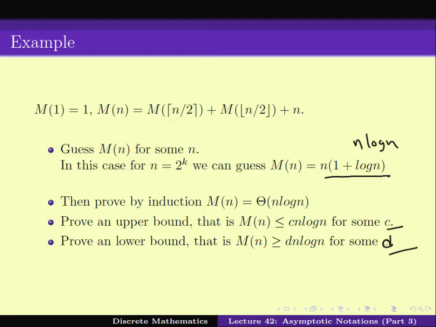The way to do it is that you assume that mn is less than or equal to c n log n, and you go over the whole induction reasoning, the induction hypothesis and inductive step, and see if you can come up with some c for which this inductive step goes through. And if it can be done, then you have this c n log n upper bound.